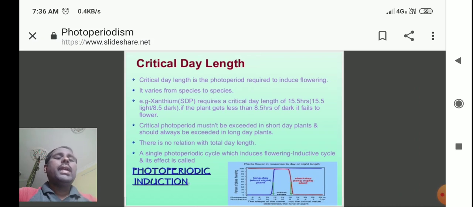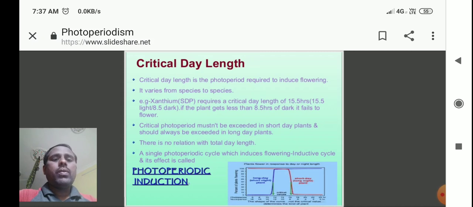The critical day length also influences flowering. The critical photoperiod required to induce flowering varies from species to species. For example, Xanthium requires a critical day length of 15.5 hours. If the plant gets less than 8.5 hours of dark, it fails to flower.